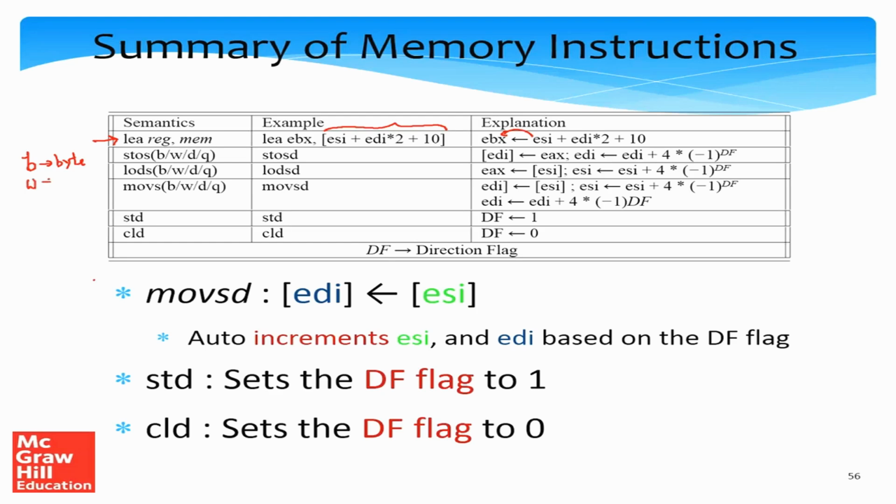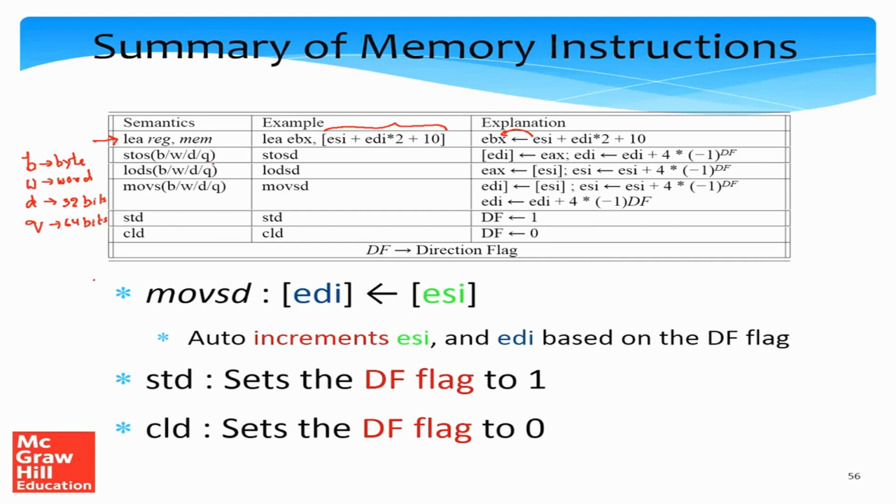W stands for a word, which is 16 bits, meaning transfer 16 bits. D is a double word, which is 32 bits, because our example is in 32 bits. Q is 64 bits, which will be useful in an instruction set with 64 bits.